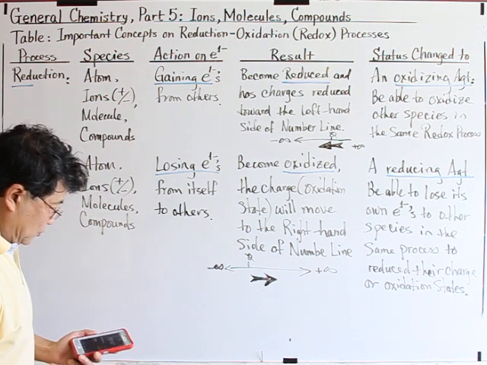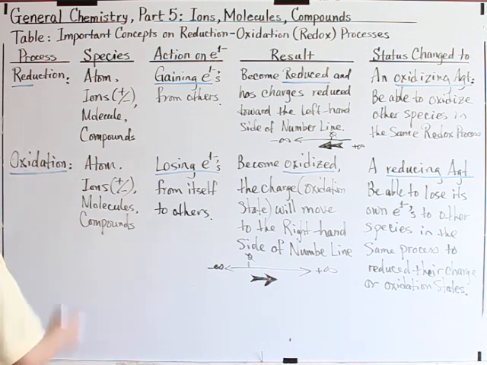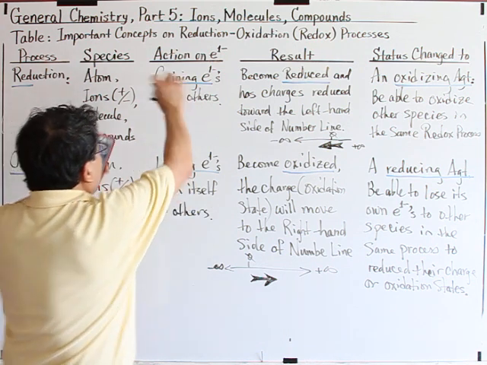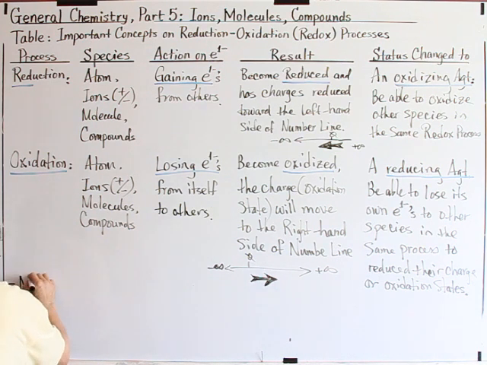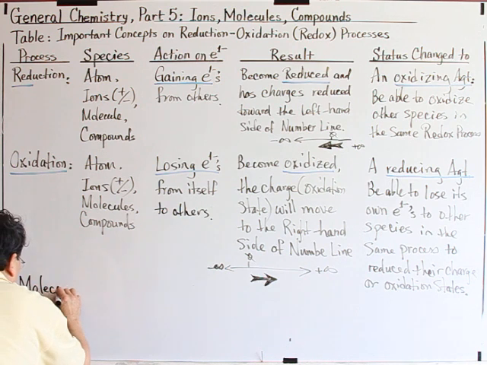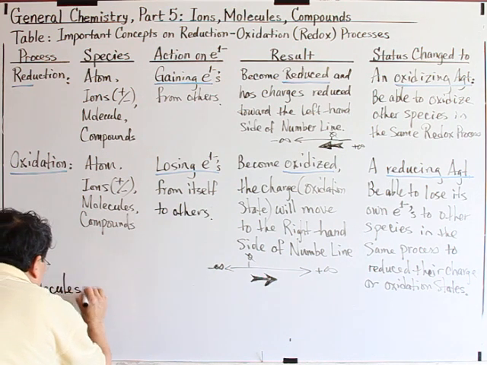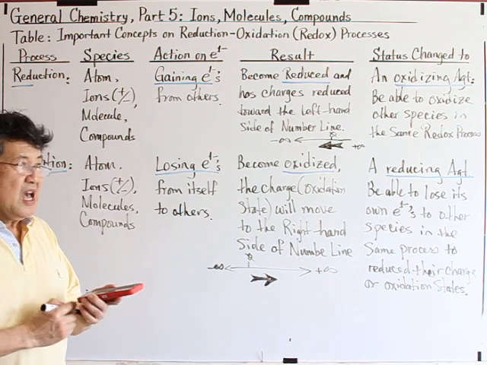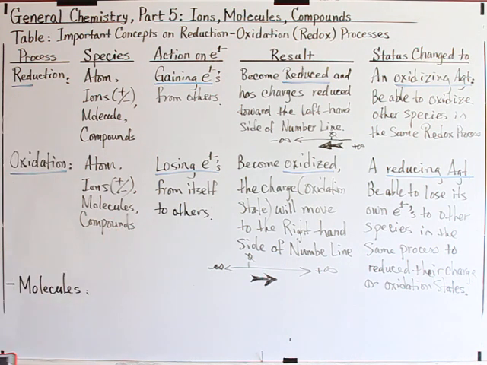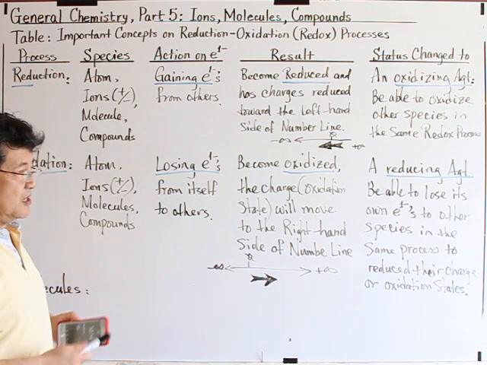Now, let's get into the next part. Since we already finished ions, that's the ion part. We've done ions. Now let's get into molecules, all right? So the molecules, let's see. Now, when we talk about molecules, we have something to emphasize at the beginning.